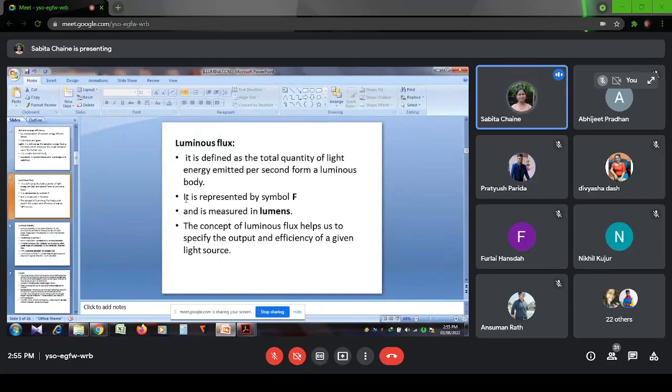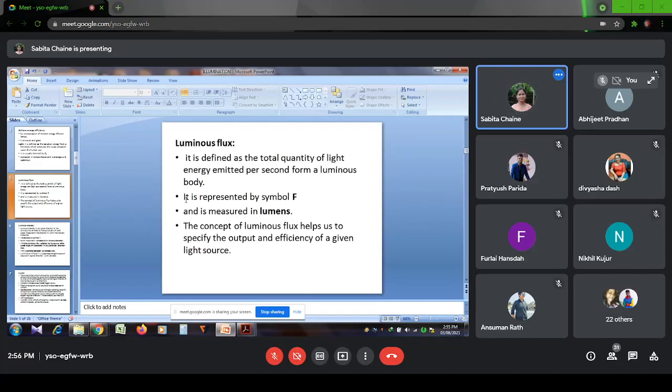Previously the total energy was lumen into hour, and if that is emitted per second, per unit time, then the unit will be lumen. The luminous flux is denoted by F, F for flux, and the unit will be lumen.